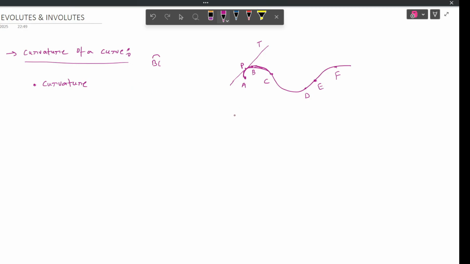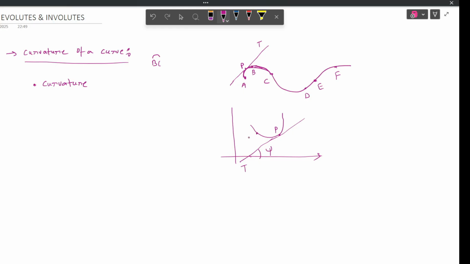Let us see another curve. Let us say we have this curve, and at point P there is a tangent which makes angle psi with the positive direction of the x-axis. This is the tangent PT.